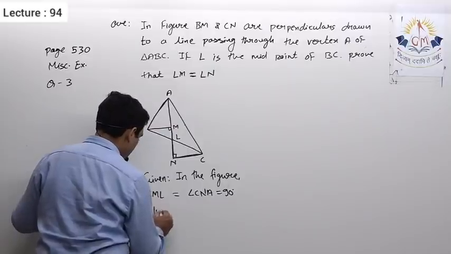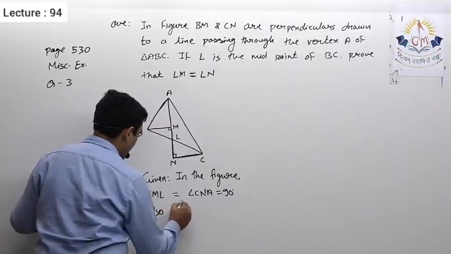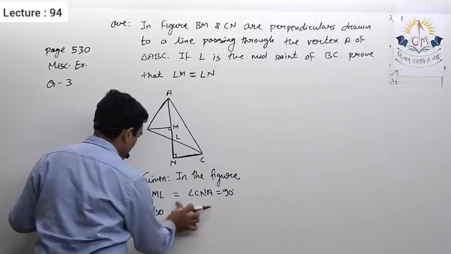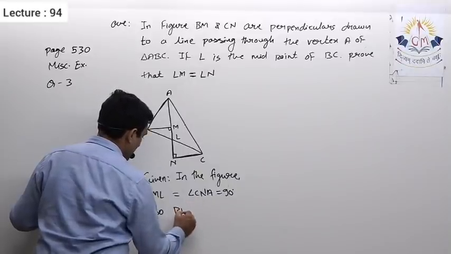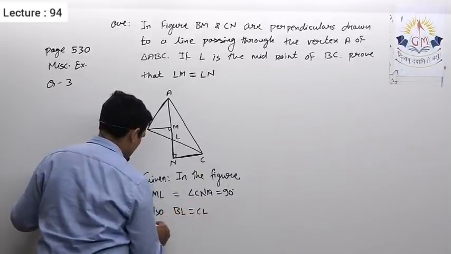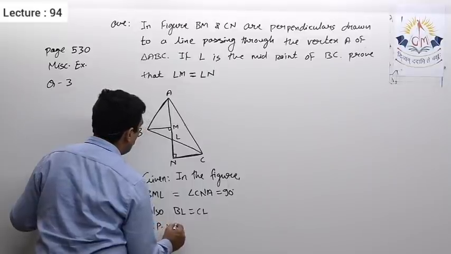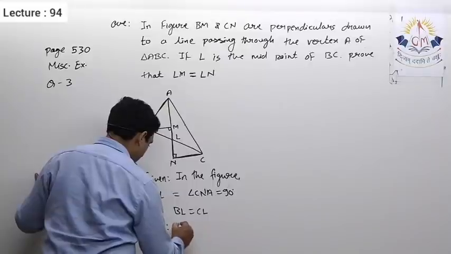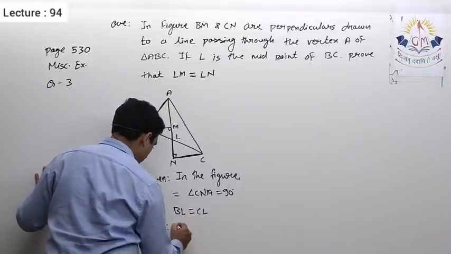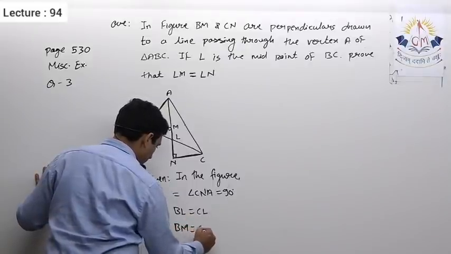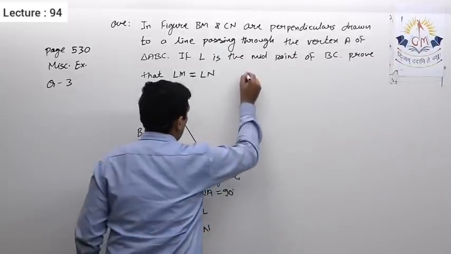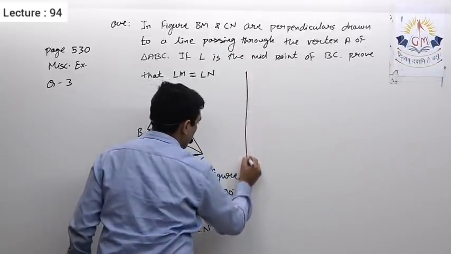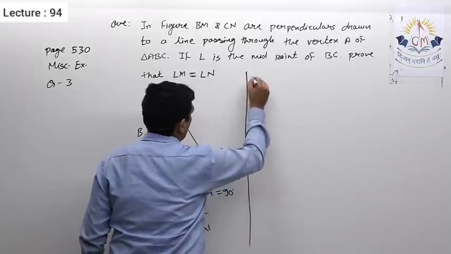Also L is midpoint, so BL equal to LC. BL is equal to CL. What you have to prove: BM equal to CN. So let us see its proof.